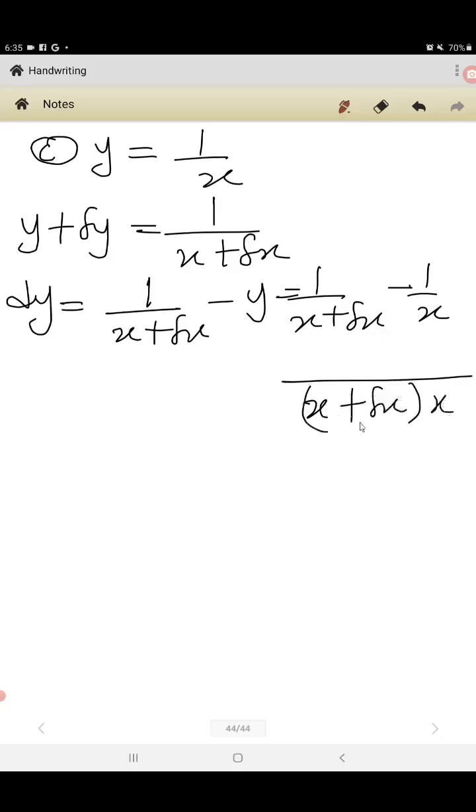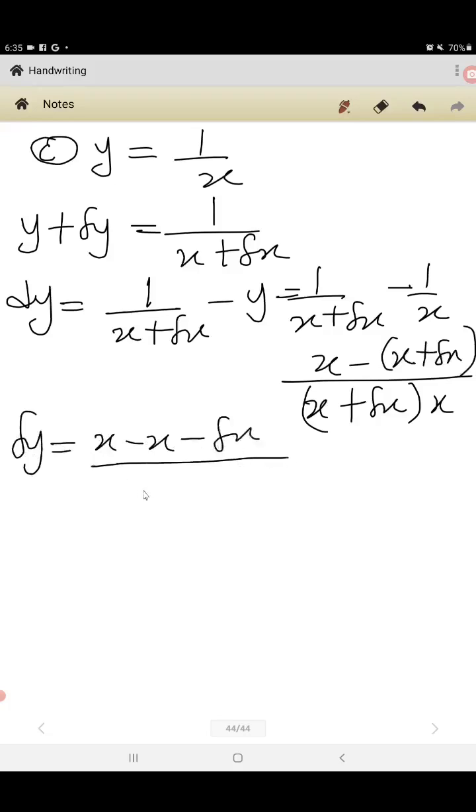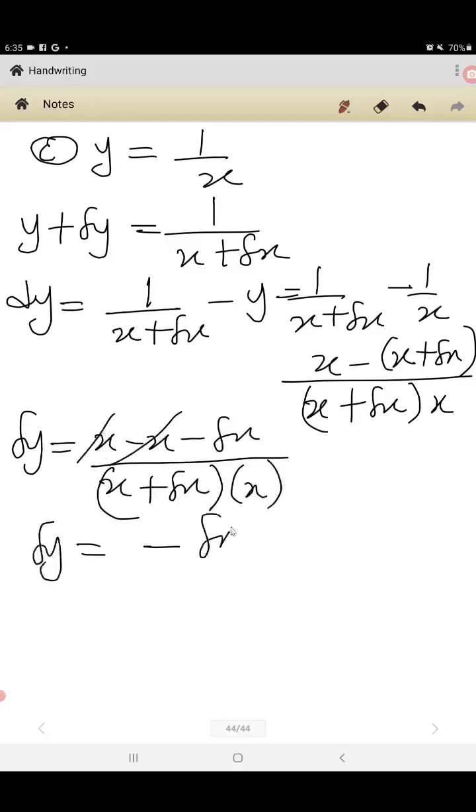So by the time this cancels this, it will remain x minus x plus change in x onto x. So meaning that change in y is x minus change in x all over x plus change in x onto x. So this will cancel. We have change in y is equal to minus change in x all over x plus change in x bracket x.